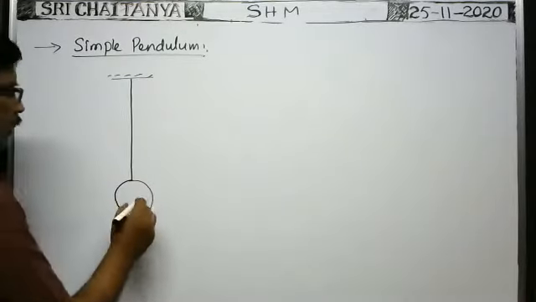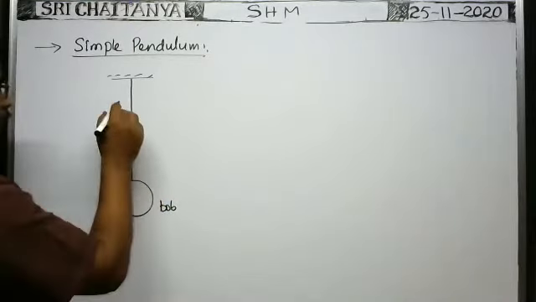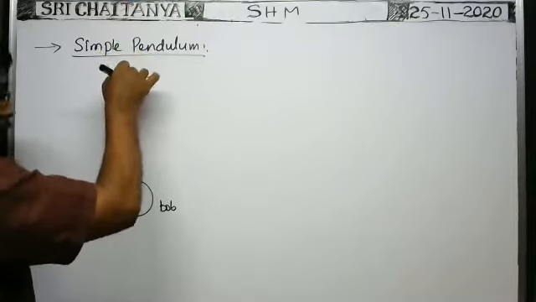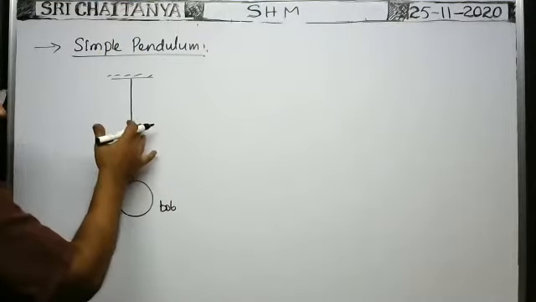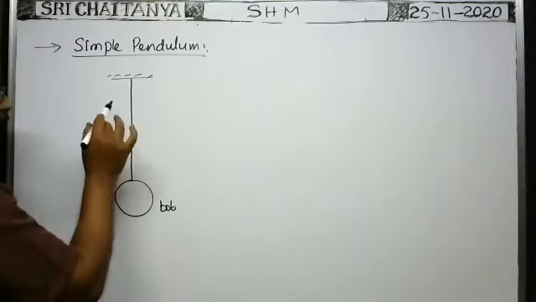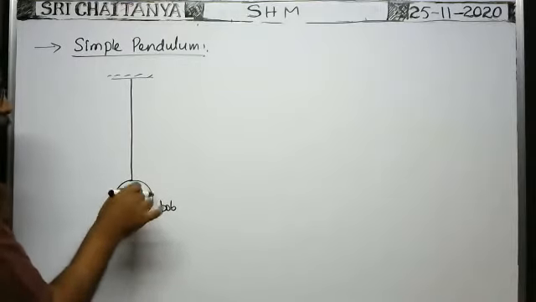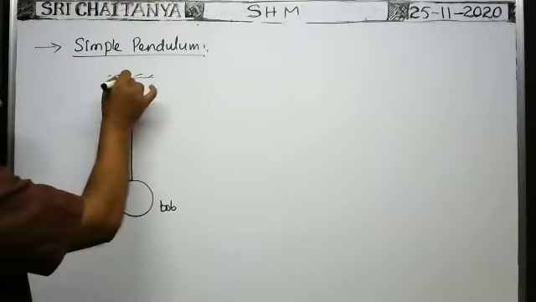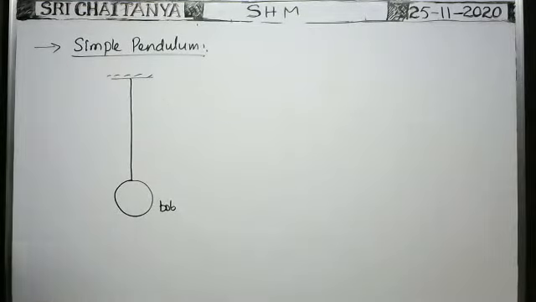A metal sphere, which is called the bob, is suspended by means of a light inextensible string. That means the mass of the string is negligible, and it is inextensible, it will not elongate. So by means of a light inextensible string, a metal bob or metal sphere is suspended from the rigid support. Such an arrangement is called the simple pendulum in actual practice.